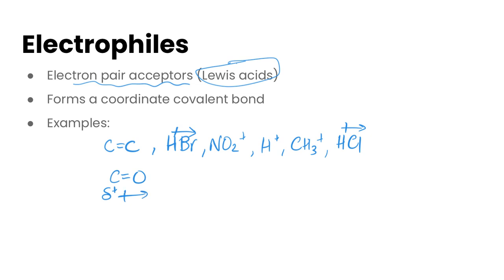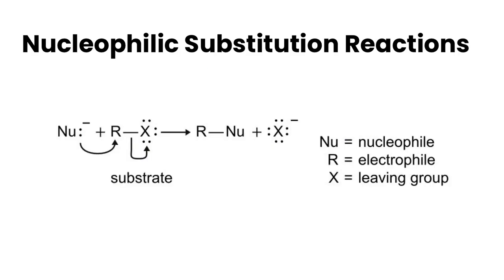Nucleophiles and electrophiles work together in various types of organic reactions. One such reaction is the nucleophilic substitution reaction. Generally, we have a nucleophile. The Nu means nucleophile, with a lone pair of electrons.